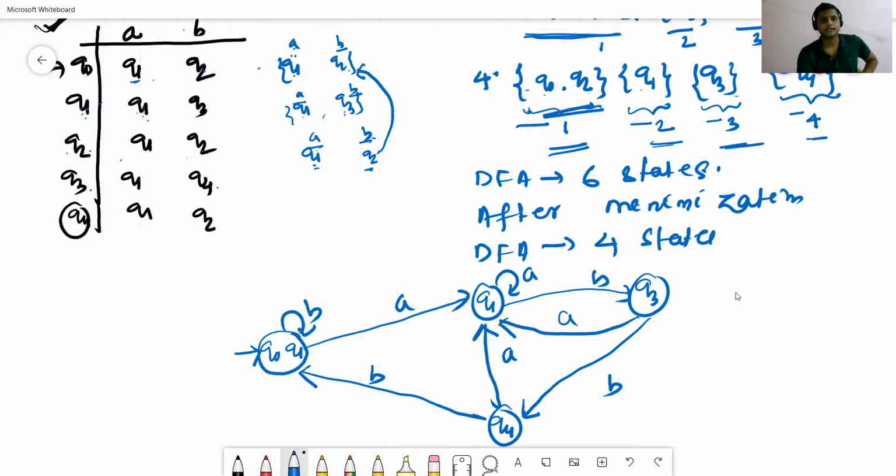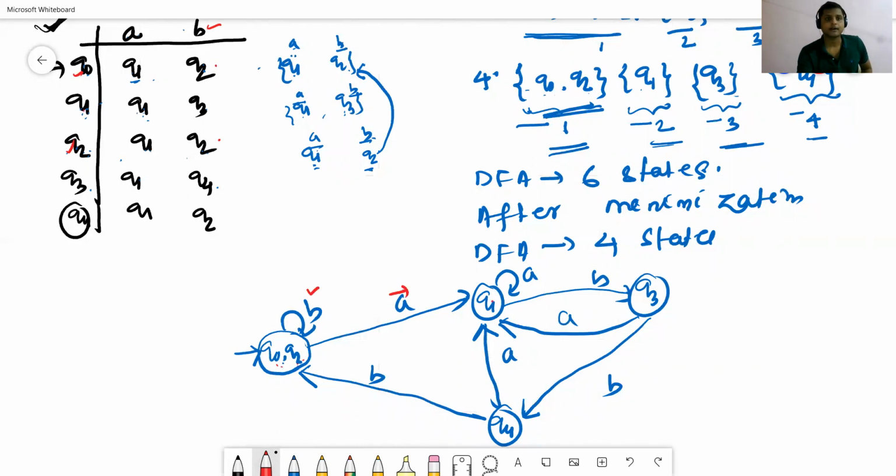This is Q0, Q2. See here, Q0 and Q2. Q0, Q2 reads A, goes to Q1. Q0, Q2 reads B, goes to Q2.